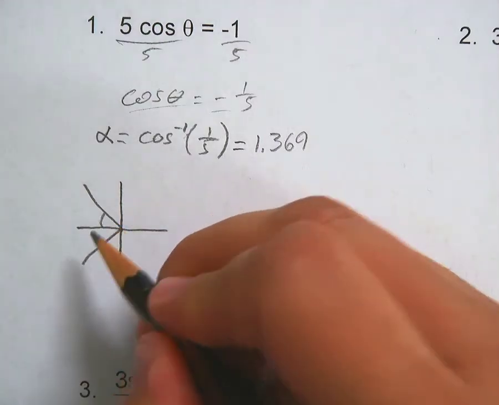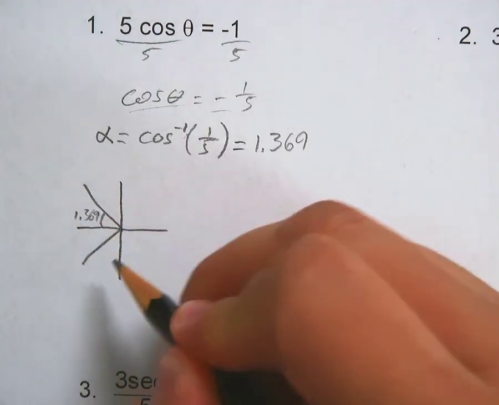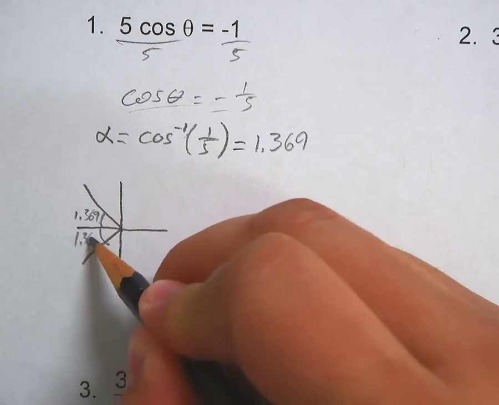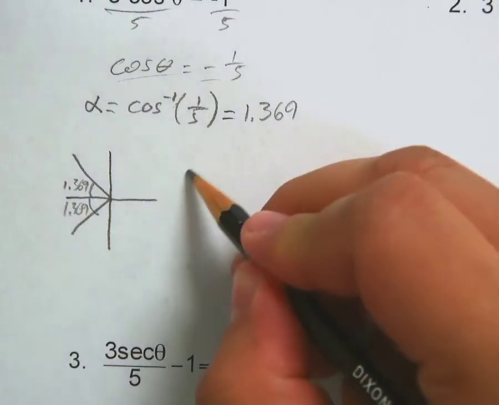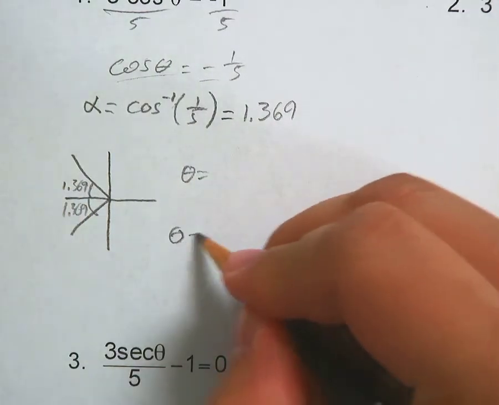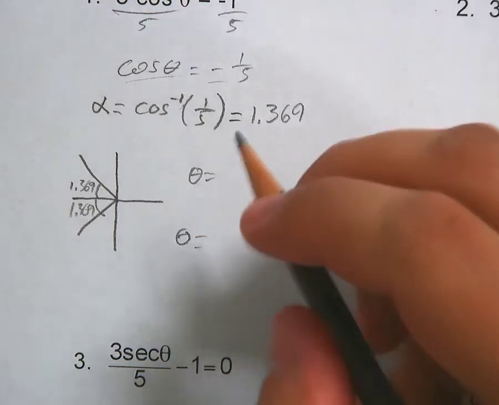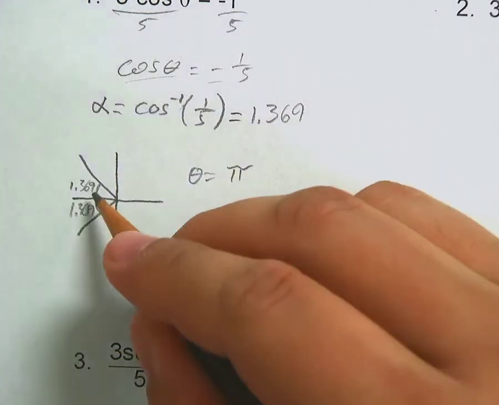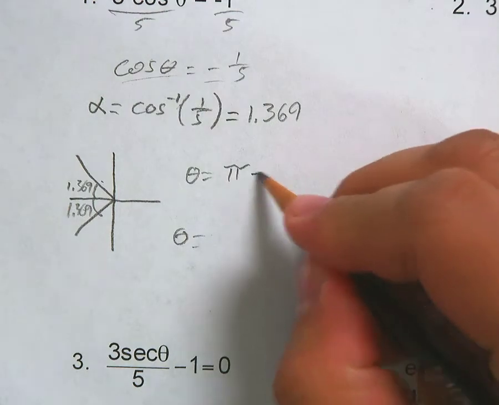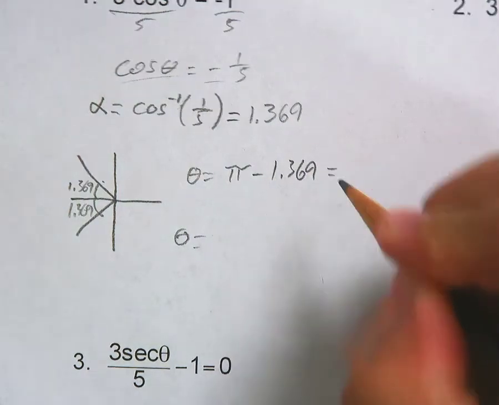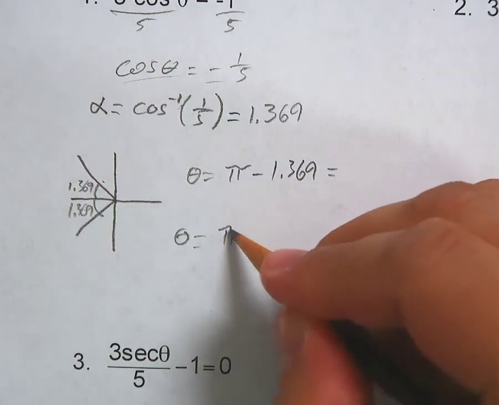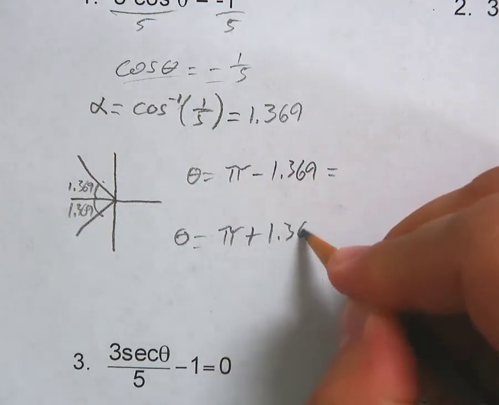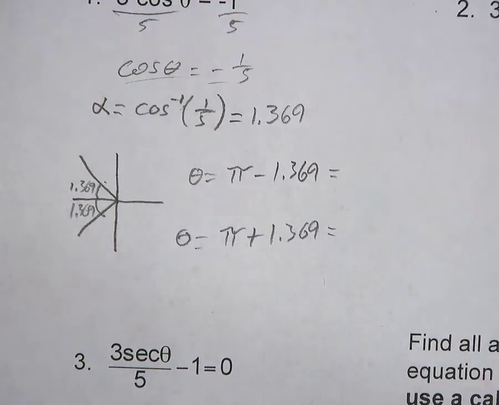That means that this angle is 1.369 radians off of pi, and so is this one. So my angle here is going to be pi minus 1.369, which gives me my second quadrant angle, and then pi plus 1.369 gives you your third quadrant angle.